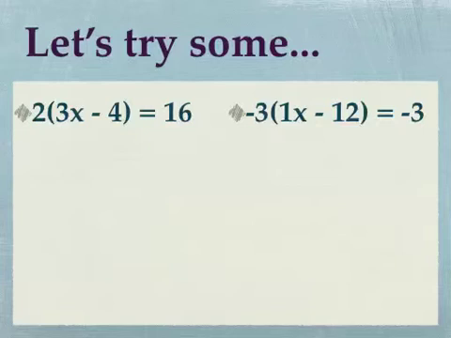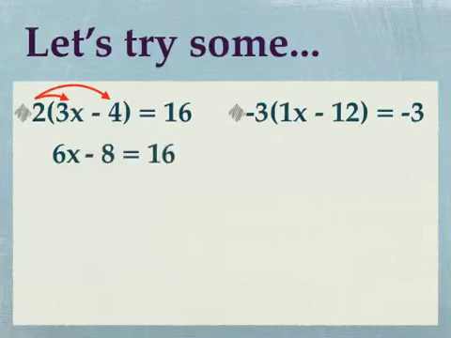Notice equals 16 is not inside of the parentheses, so I do not need to distribute the 2 to the 16. So what I'm going to do is 2 times 3x, which is 6x, and then 2 times negative 4, which is negative 8. What I do with the equals 16 is I just bring it down and leave it alone for the time being.